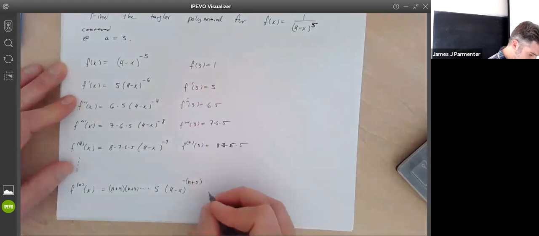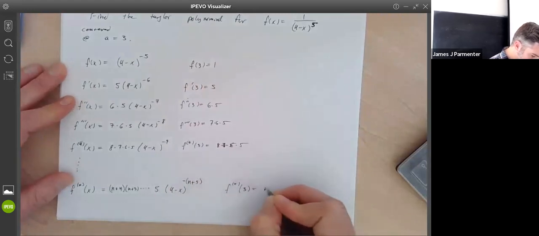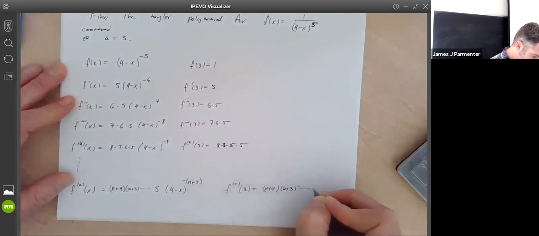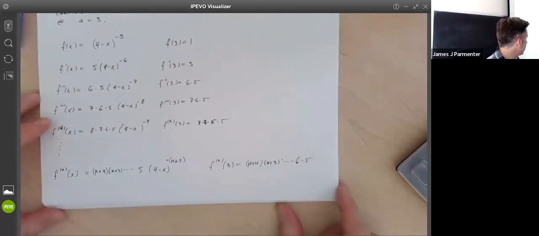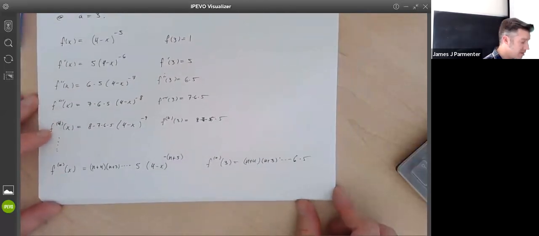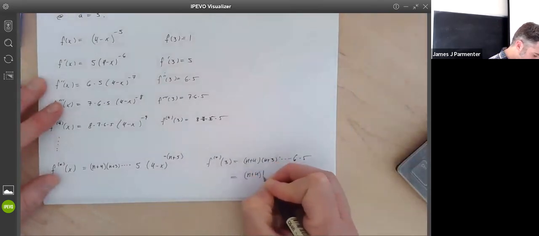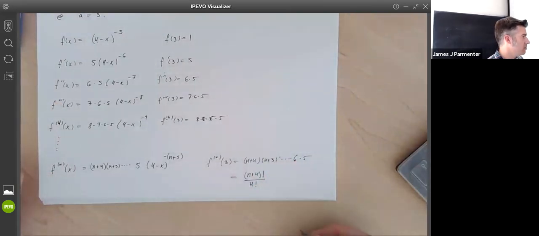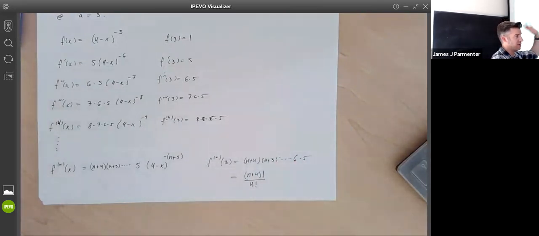So it looks like the nth derivative at 3 is going to be n plus 4 times n plus 3 all the way down to 6 times 5. If you wanted to make that more compact, you could write this as (n plus 4) factorial over 4 factorial. I want all the terms n plus 4, n plus 3, n plus 2, all the way down to 3 times 2 times 1, but I actually don't want the 4 times 3 times 2 times 1.